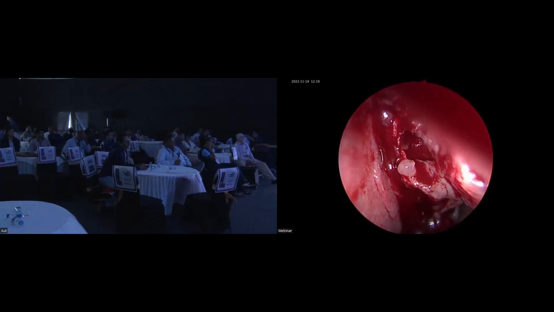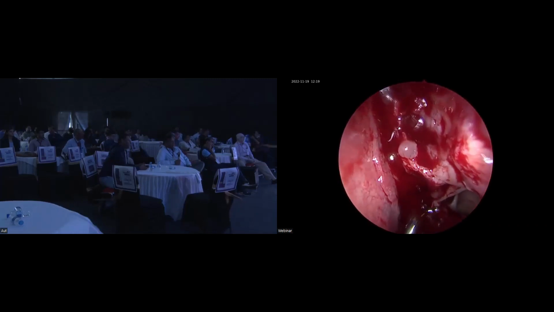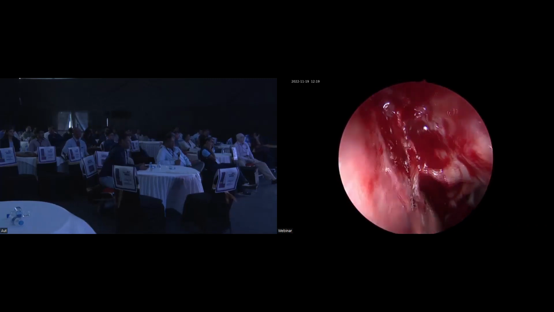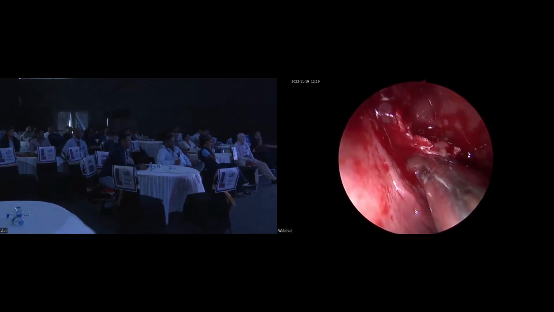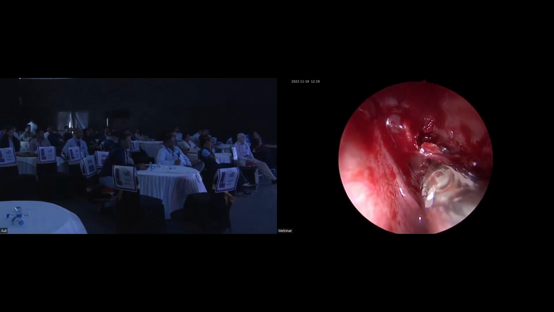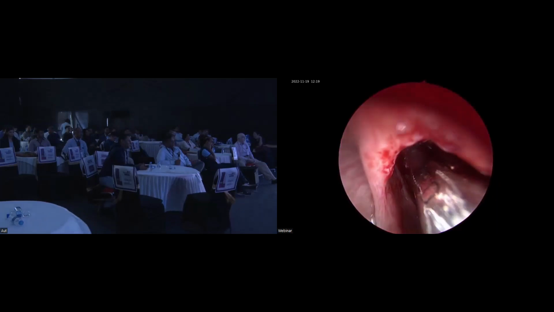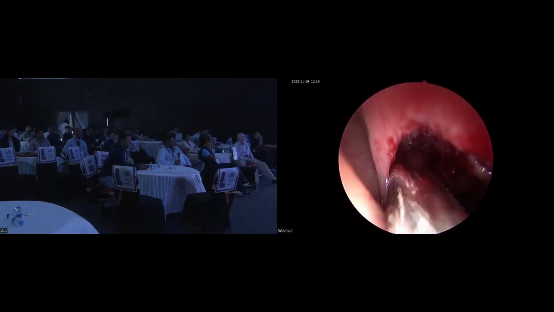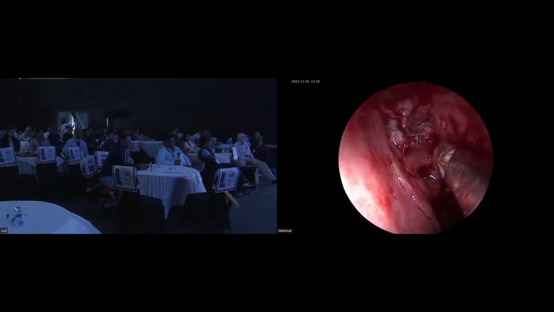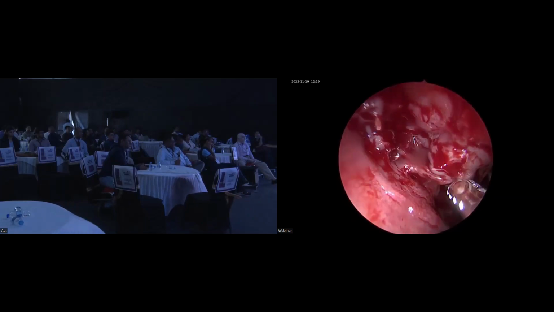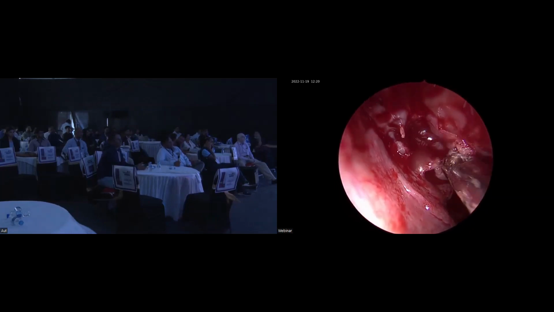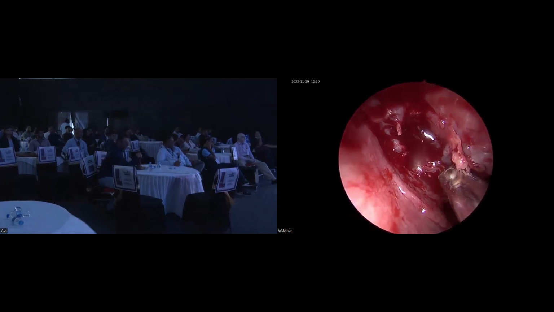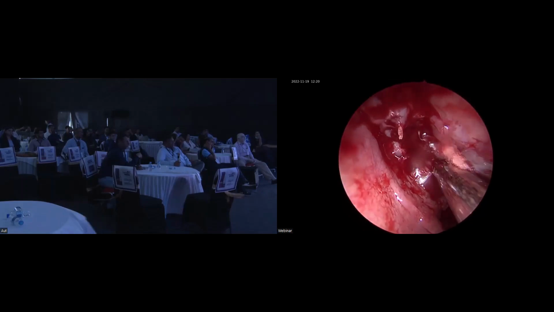So we'll clear this area. This is the lateral attachment of the bulla. Suction is not working properly.